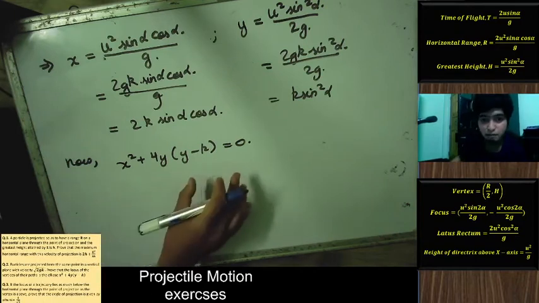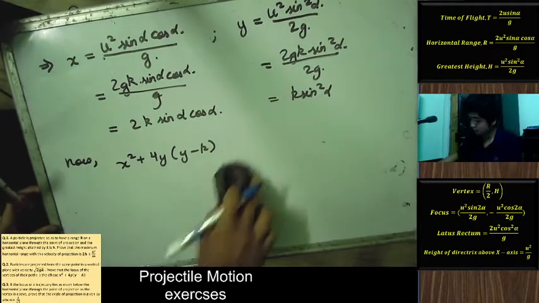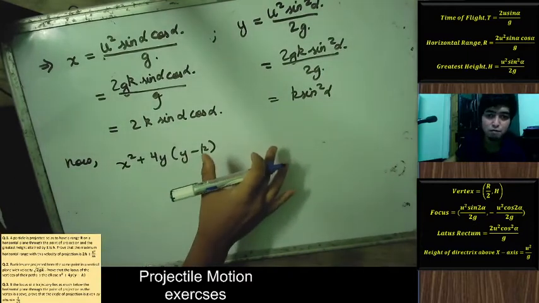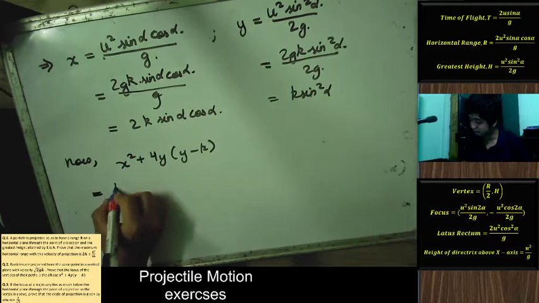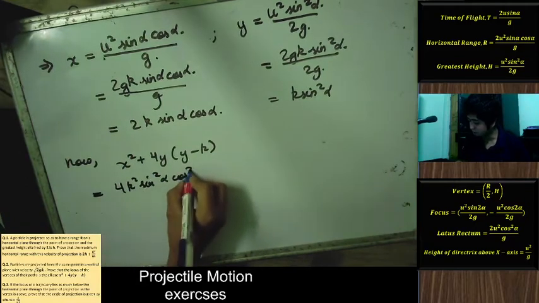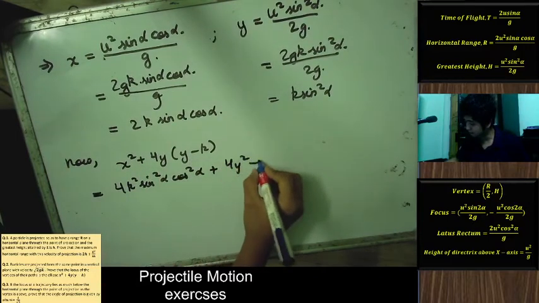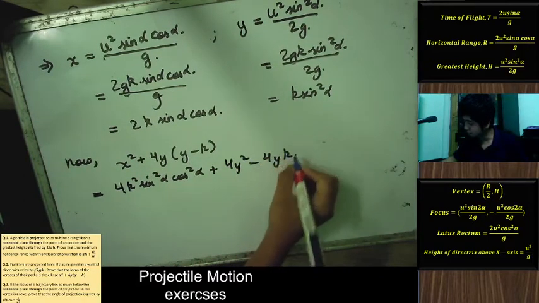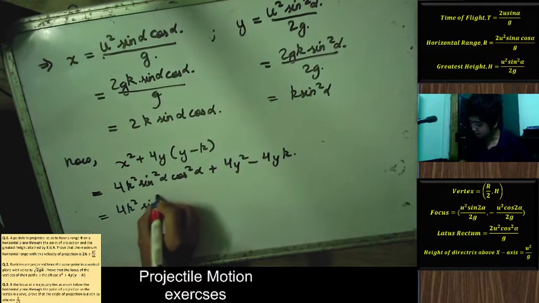So now, since we want to show that this is equal to 0, we can just calculate x squared plus 4y into y minus k. So x squared will give you 4k squared sine squared alpha cos squared alpha. We can write the second part as 4y squared minus 4yk. Over here again we will be getting this.